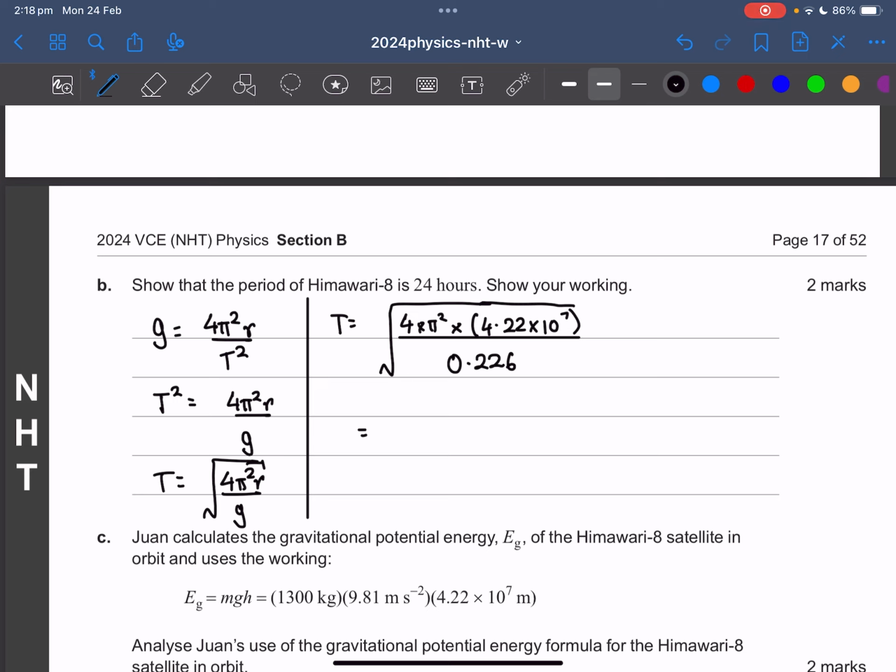So 4 times π² times 4.22 × 10^7 divided by 0.226.